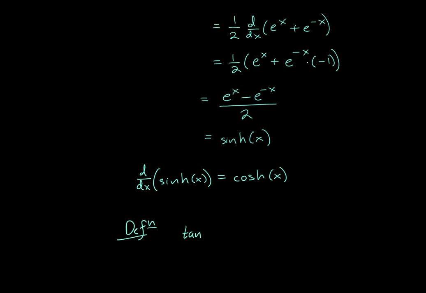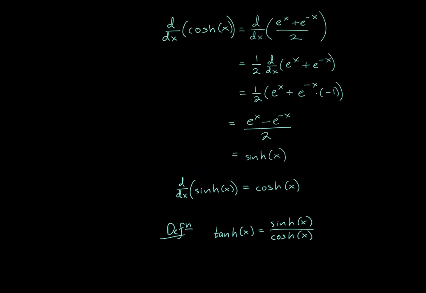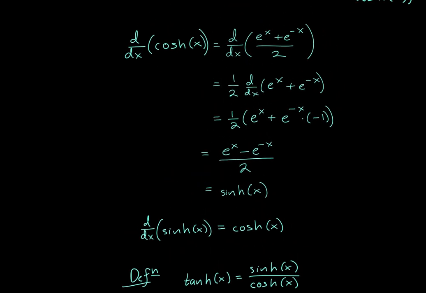Tanh of x is the same thing as sinh of x, by definition, divided by cosh of x. And it has interesting behaviors as well. So the big thing we've just discovered, just by messing around with these hyperbolic functions, is that the derivative of cosh of x is sinh of x. Here's your homework assignment, not hard: the derivative of sinh of x is equal to cosh of x.